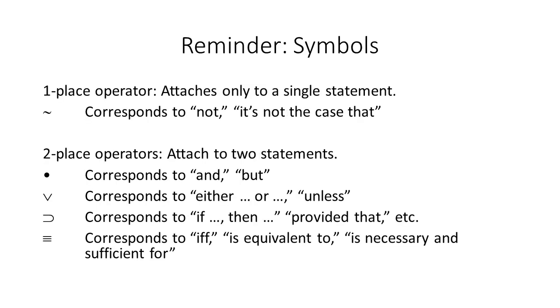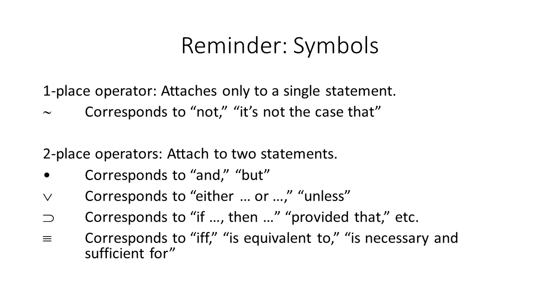Another reminder, we have these symbols. One thing that we've talked about in passing is that they come in two different types. First we have one-place operators, and then we have two-place operators. A one-place operator attaches only to a single statement. This could be a complex statement or a simple statement. That's the tilde.